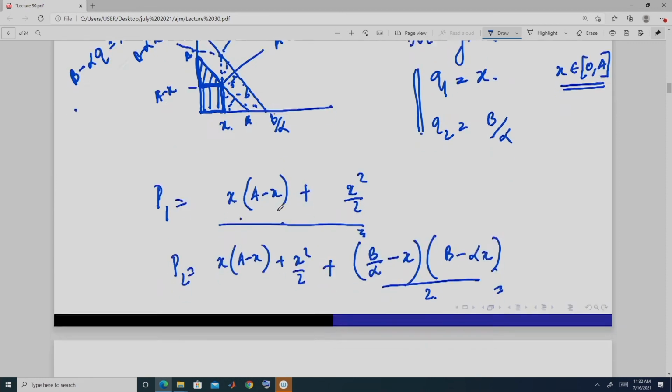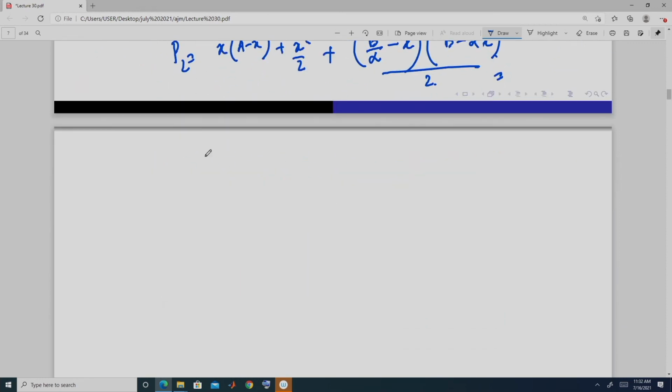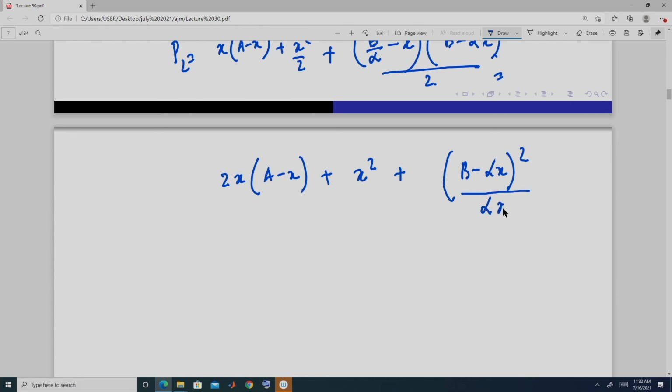So, the monopolist is going to choose x such that this is maximum.